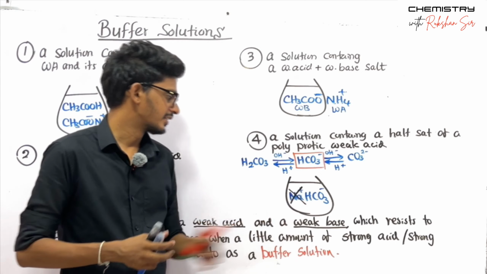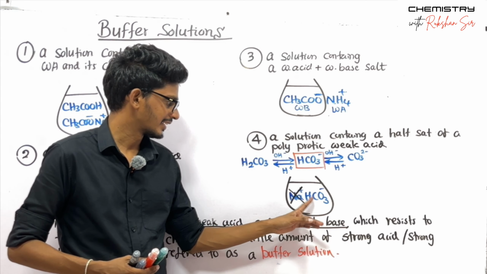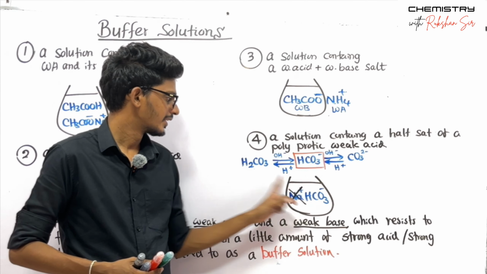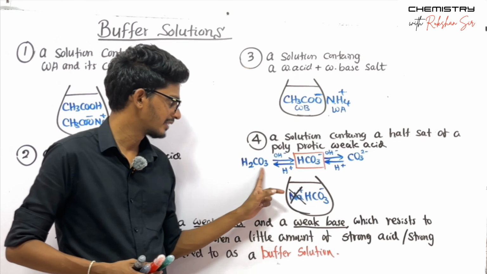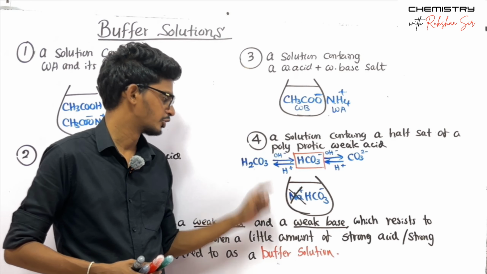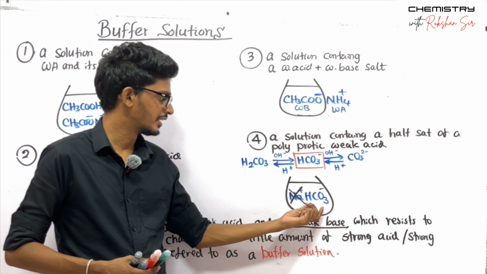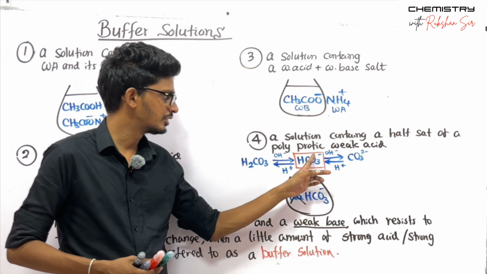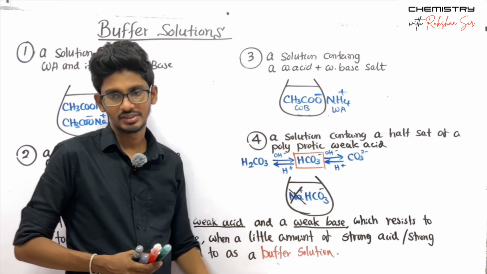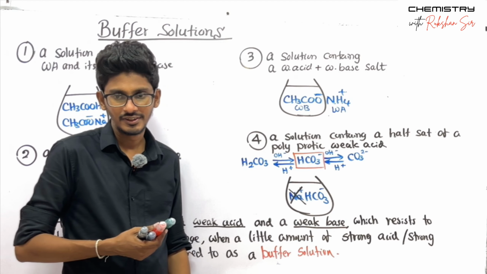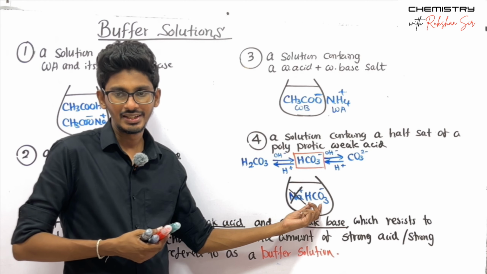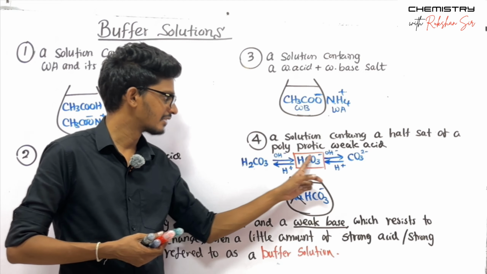This HCO3 minus can accept H plus, can consume the H pluses and convert to H2CO3. And this HCO3 minus can react with OH minus to convert to carbonate. So you clearly see this HCO3 minus alone can utilize both the H plus as well as OH minus.